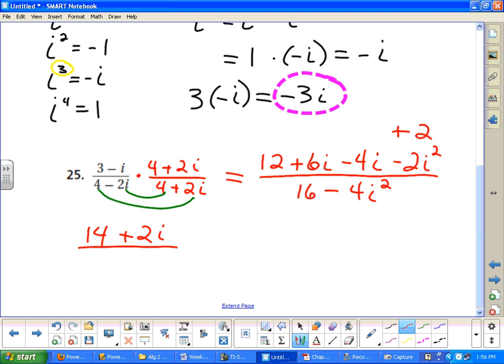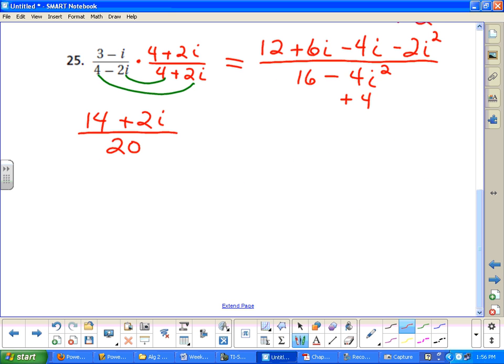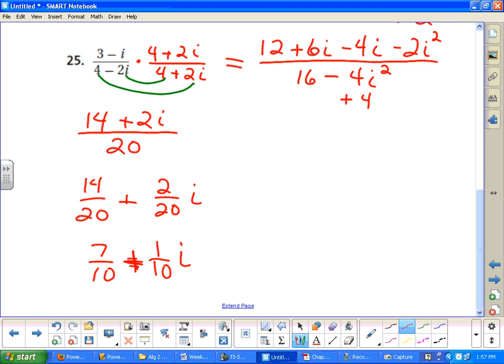Because this is negative 4 times negative 1 is positive 4, so I have 20 in the denominator. So we'll do 14 over 20 plus 2 over 20 i, and then simplify them. 7/10 plus 1/10 i. That would be the answer.